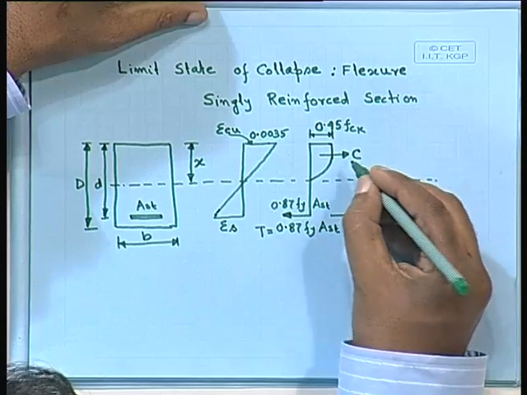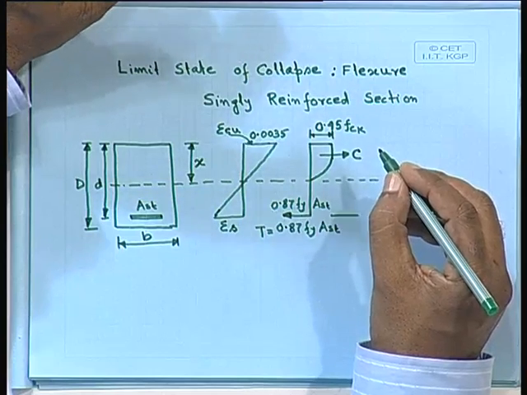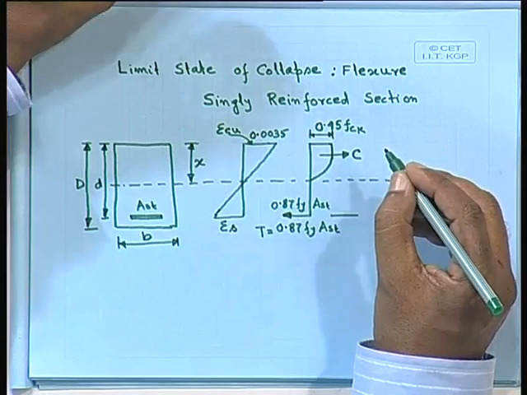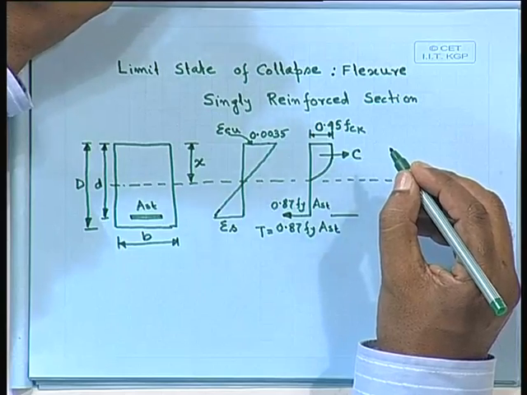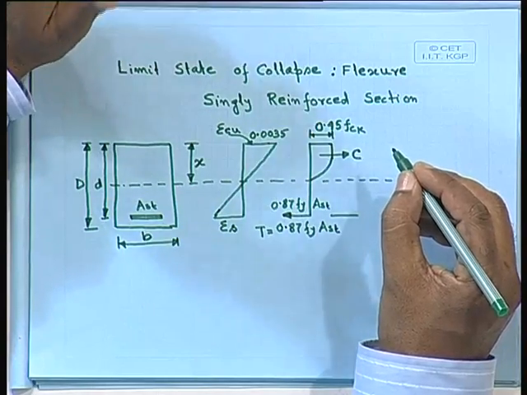What is our interest here? For a beam under bending, under flexure, how much maximum load can it take, what is the moment carrying capacity of that section? That is our target. If we can find that value, then we can say that this section, with this many bars and this width and depth, has this maximum moment carrying capacity.